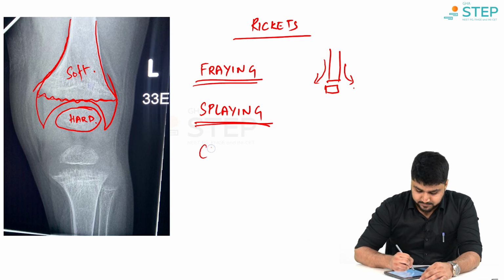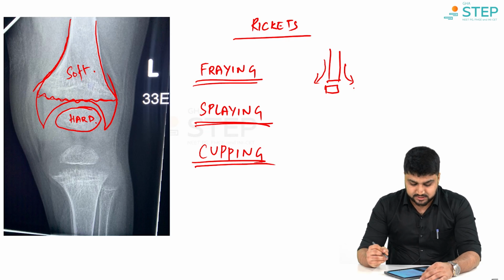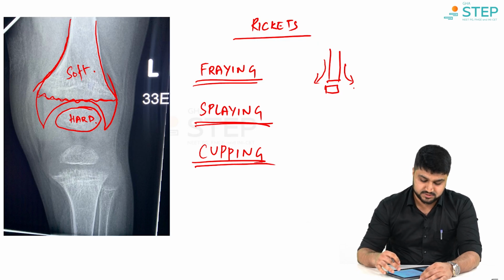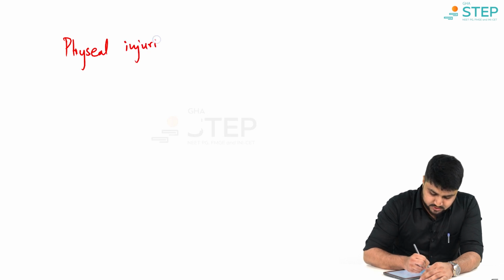This results in something called cupping. So, these are the different mechanisms by which you see the findings that you normally see in rickets. This brings us to the end of the first concept where we have learnt about physeal injuries. We have learnt about the Salter-Harris classification.